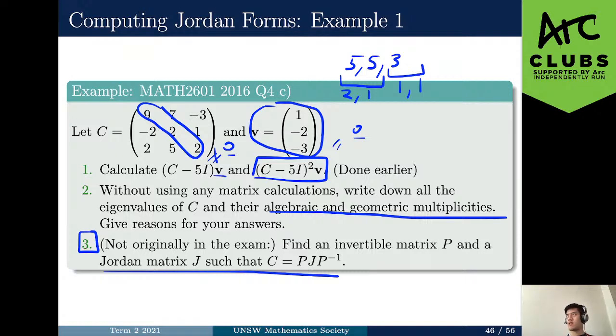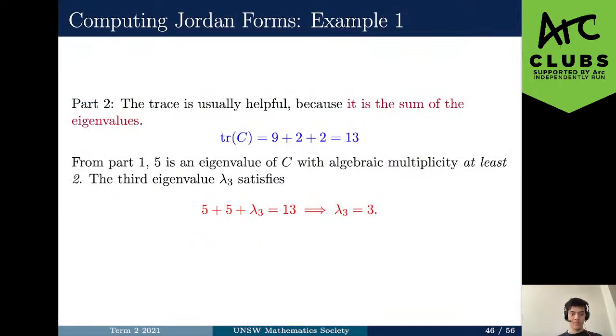So that means that the geometric multiplicity of the eigenvalue 5 is only 1, because it's actually a generalized eigenvector for it that is not an eigenvector. Okay, so work that out.